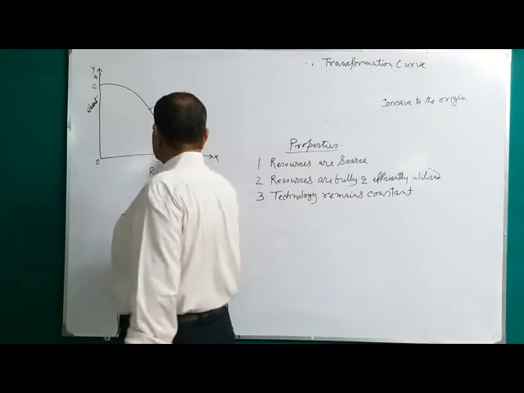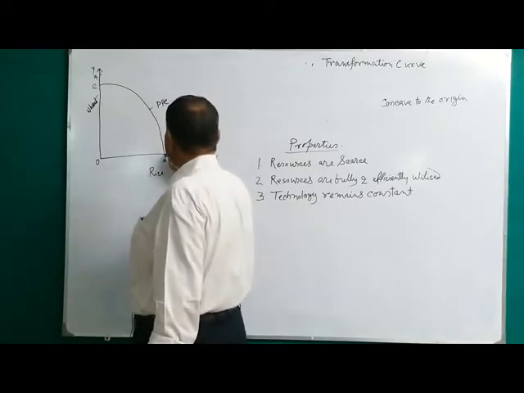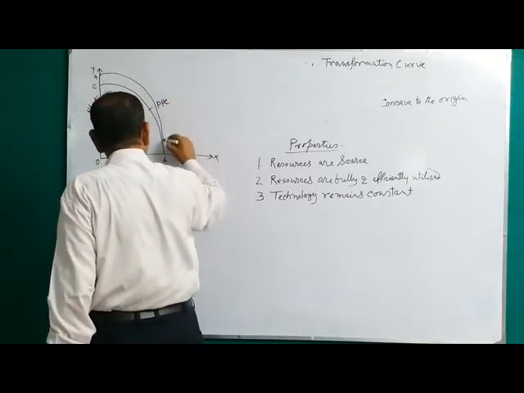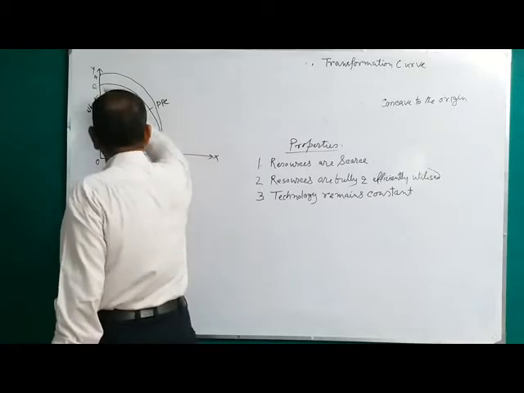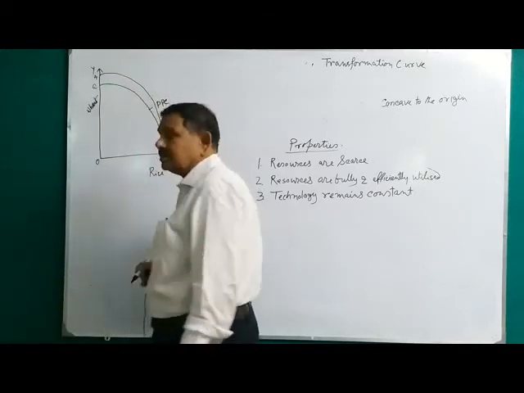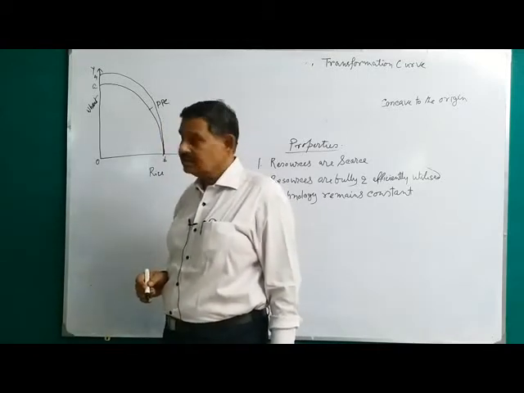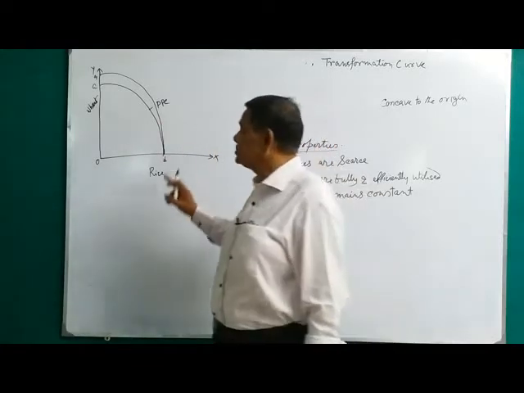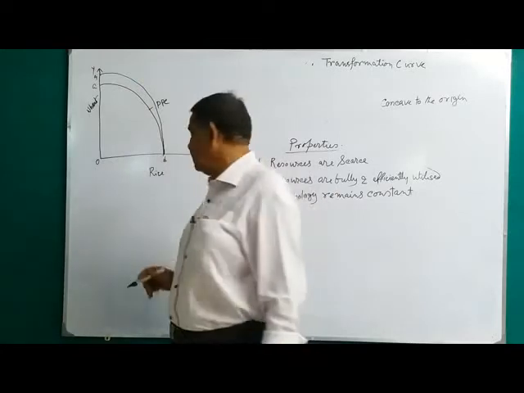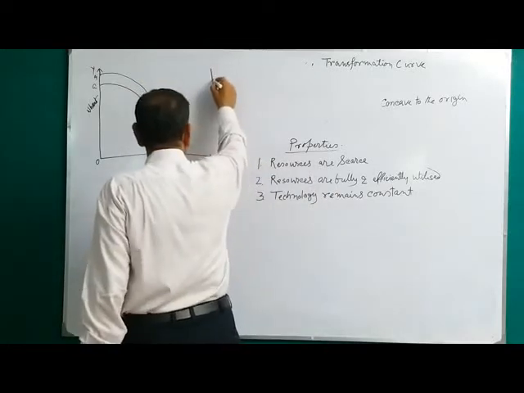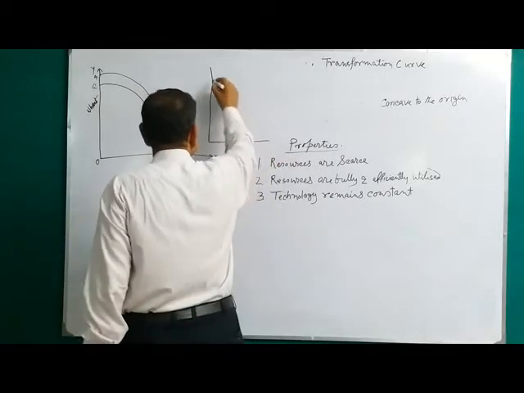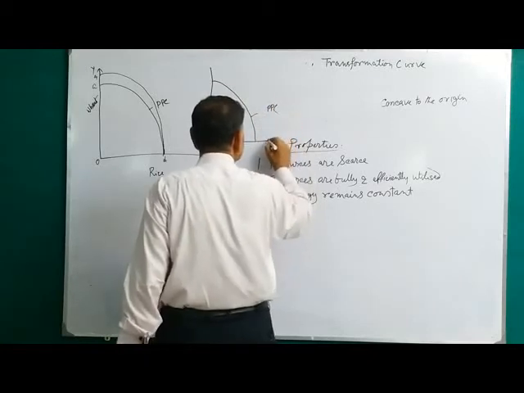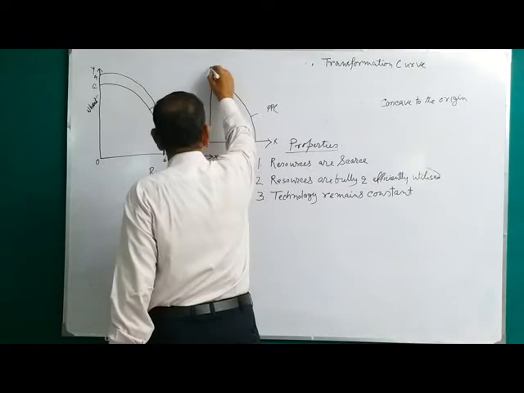But as the resources did not change in the production of rice, it remains constant at point B, so the PPC curve will rotate from A1 to B. This may happen if only one resource or technology changes. This is the x-axis and this is the y-axis.